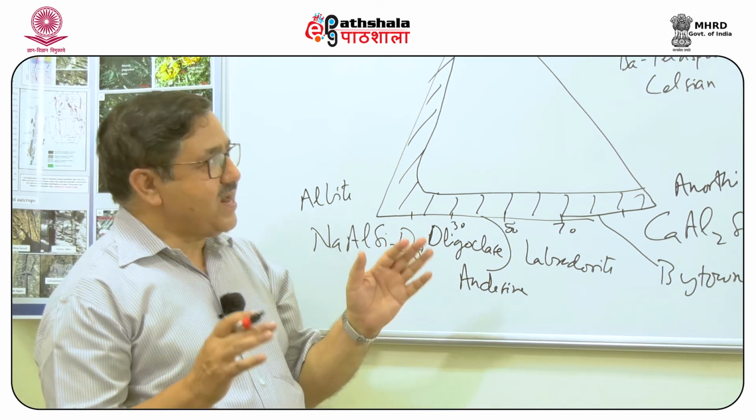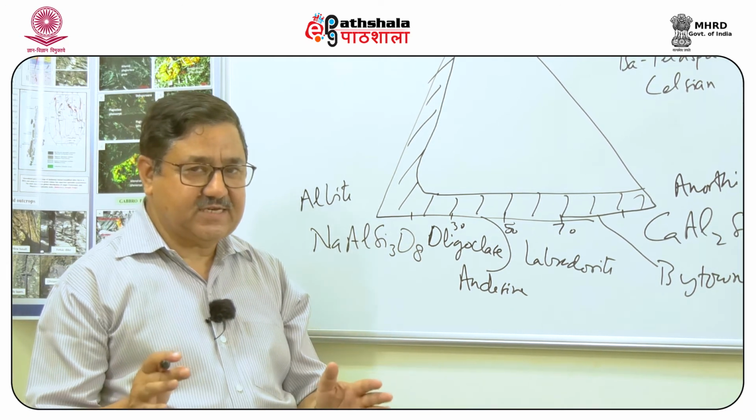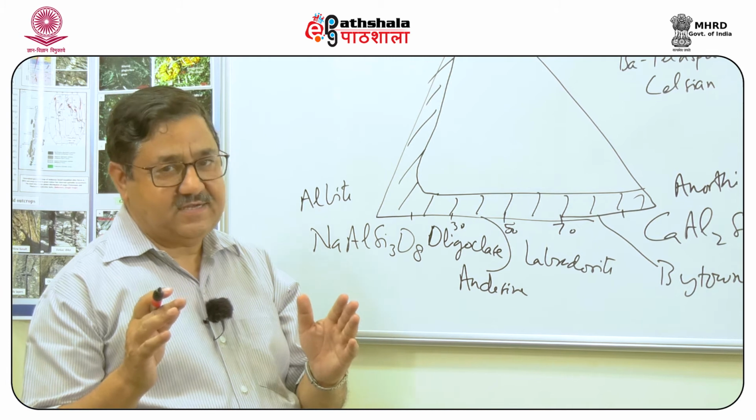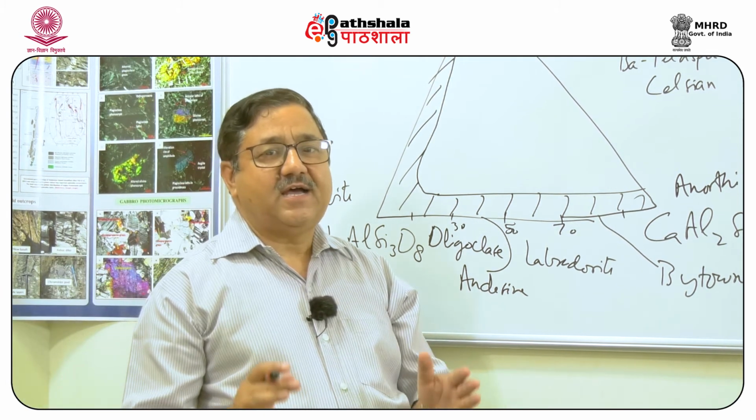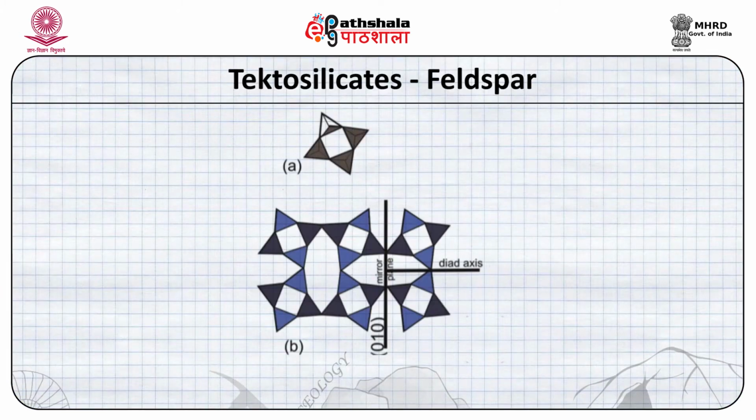So, to understand how this structure is described, we will look at another figure. When we look at the structure, in the first smaller figure we see 4 tetrahedra. All the apical and the basal oxygens are shared.